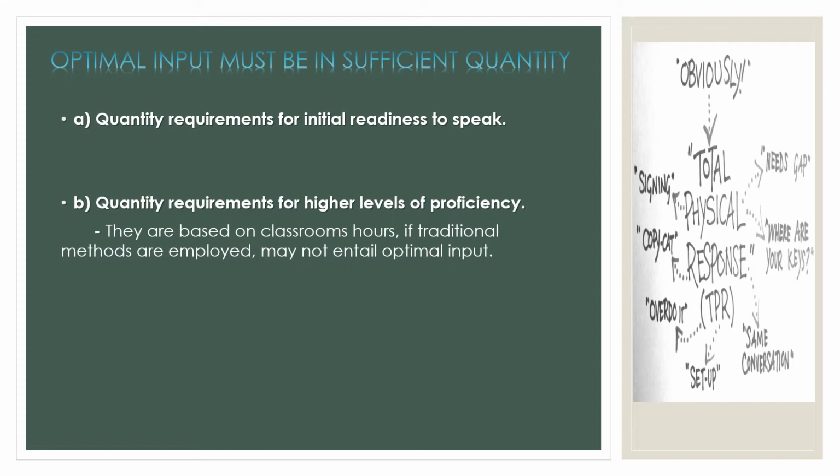It is difficult to say which is the correct quantity to achieve a good level in second language acquisition, since there is not enough data to be more precise. Asher gives some data about the TPR method. In this method, students are able to start production in the target language after about 10 hours.